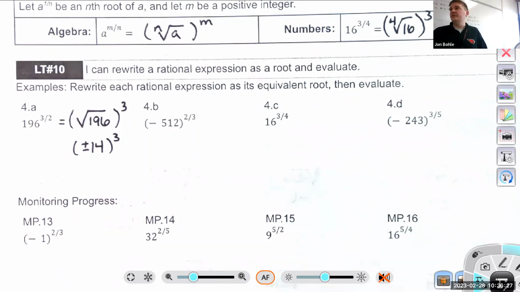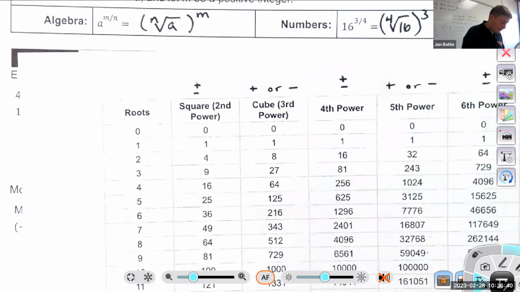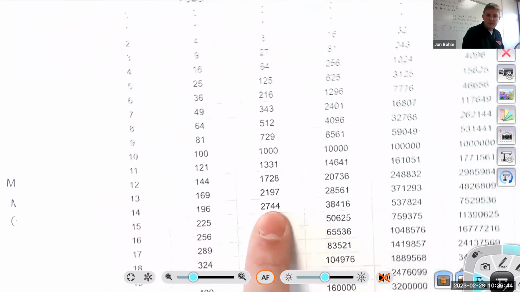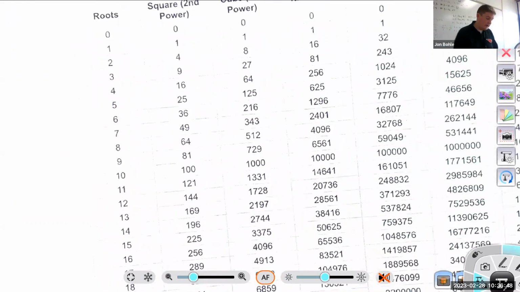Yep, even root is going to result in a positive and negative because 14 times 14 is 196 and negative 14 times negative 14 is 196. Now I have to find 14 to the 3rd power. So 14 to the 3rd, 2,744. Yep, 2,744.